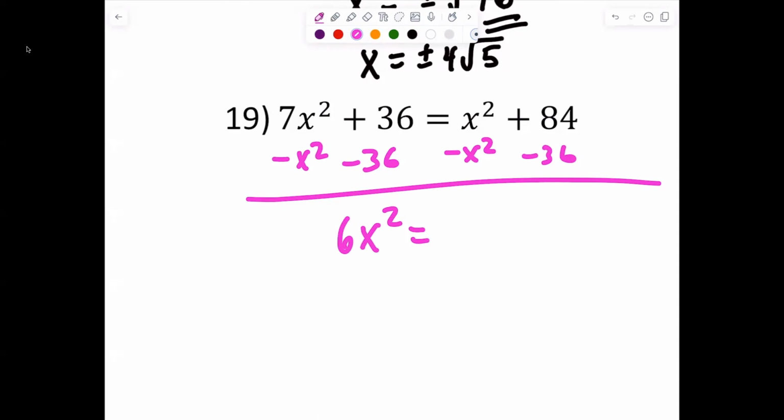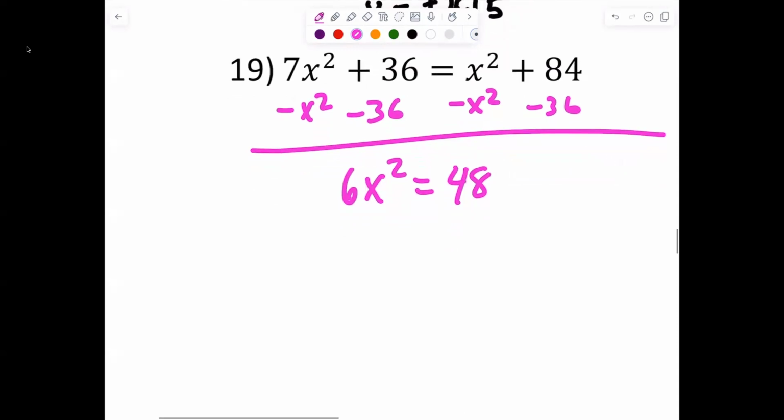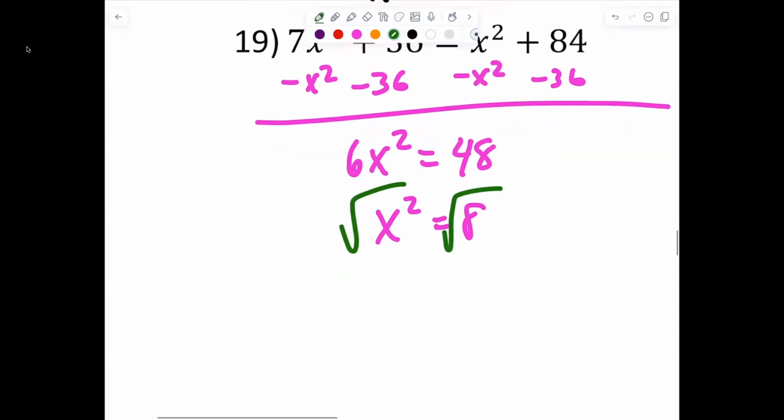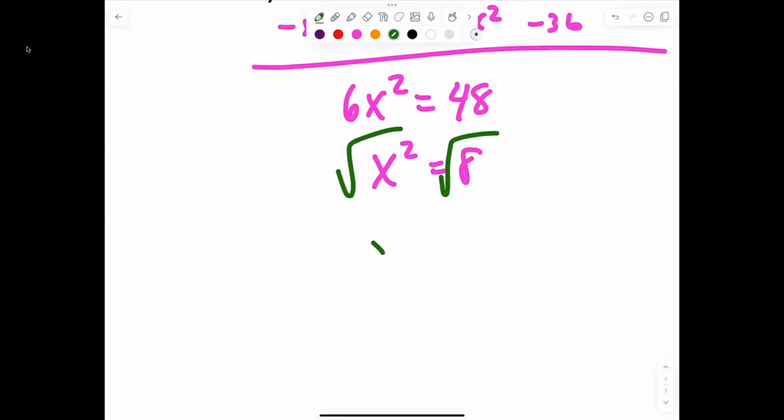That's a hard one. Somebody said 48. Now what? So x squared equals 8. Now I do what to both sides? All right, so let's see if we can break down the square root of 8. What is the square root of 8? Almost correct. Plus or minus 2 radical 2.